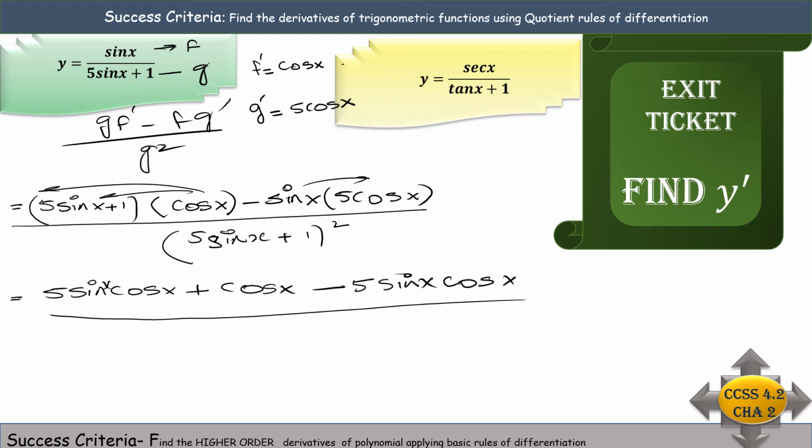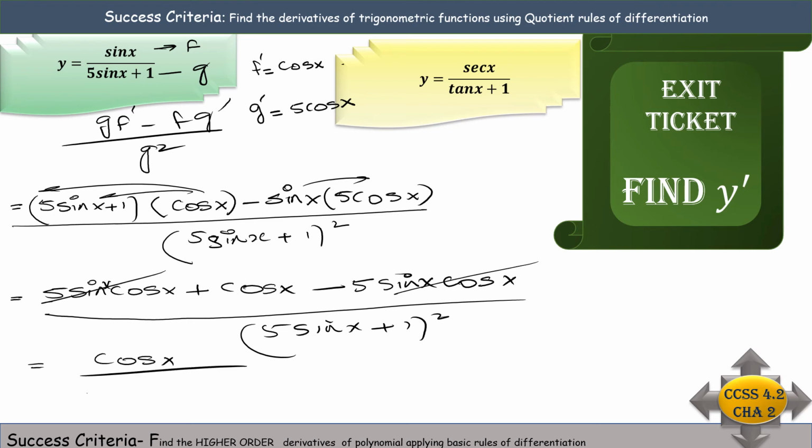Now over 5 sin x plus 1 whole square. Now this 5 sin x is negative and here it is positive. They will be cancelled out and your final answer will be cos x over 5 sin x plus 1 whole square.